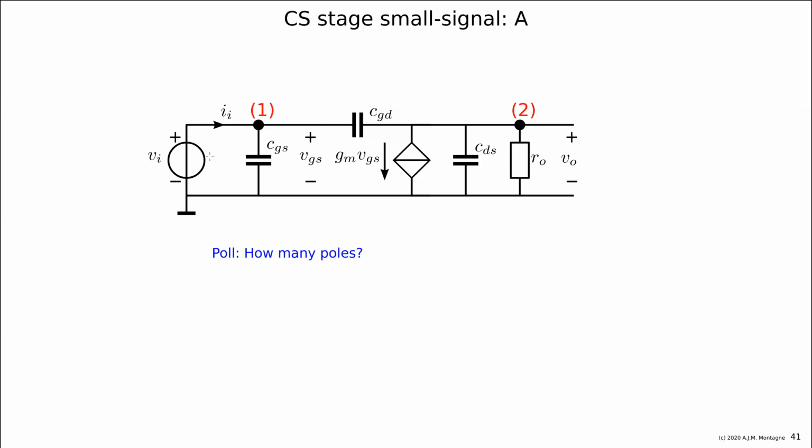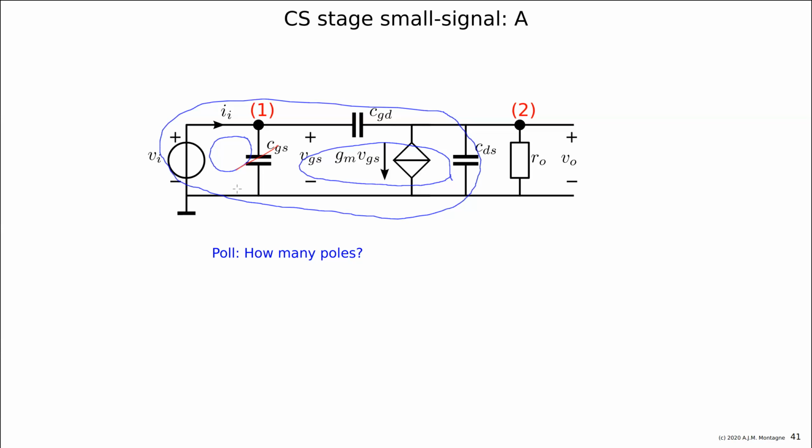I have a loop here of a capacitor and a voltage source. I have a loop here of 3 capacitors, and I have a loop here of 2 capacitors and a voltage source. How many of those loops are independent?